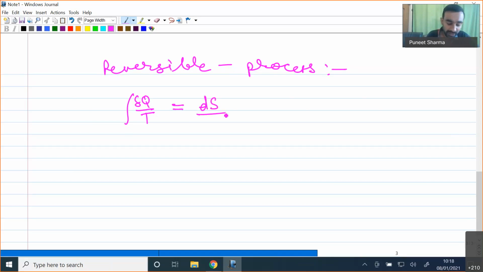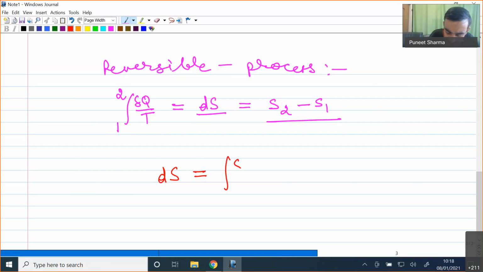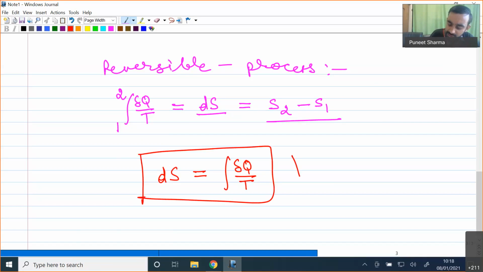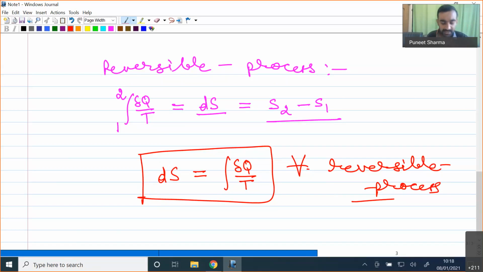Okay, this is a very, very important point. Obviously, if I say that my integration is from limits 1 to 2, then I can simply write this dS as nothing but equal to S2 minus S1. This is one very, very important point which we have to take care of, that dS is nothing but equal to the integral of del Q by T for a reversible process. So this is applicable for reversible processes. For any kind of reversible process, our dS will be nothing but equal to the integral of del Q by T.